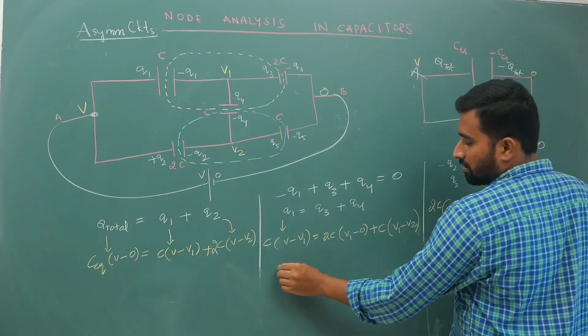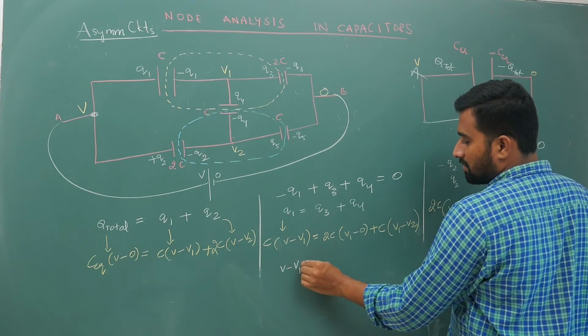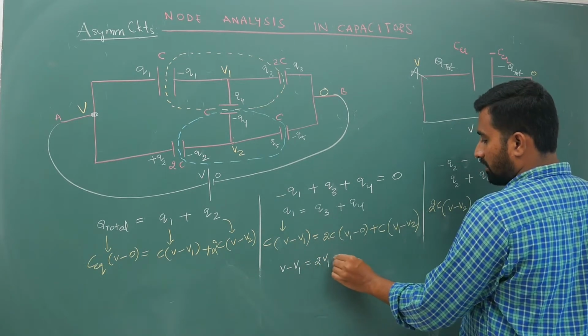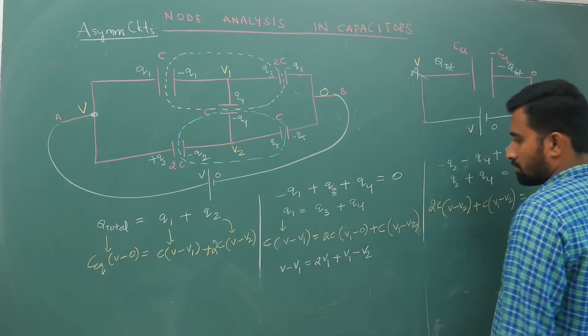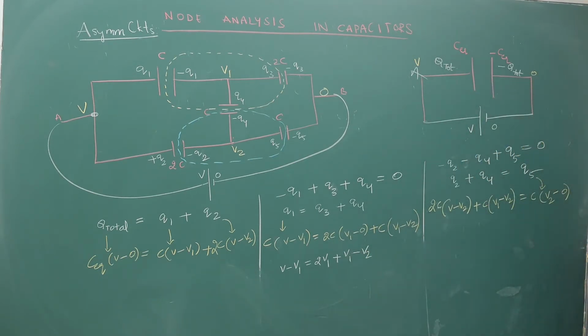So C times V minus V1 is 2C times V1 minus 0 plus C times V1 minus V2.